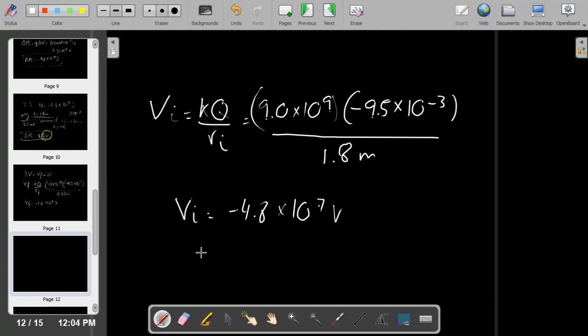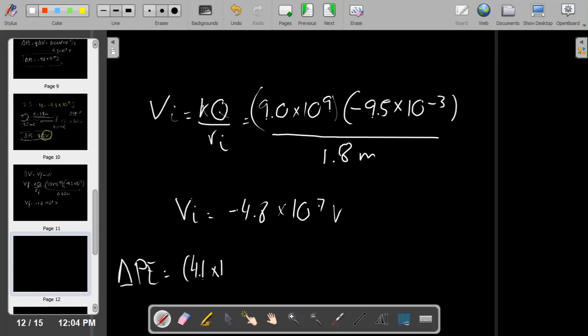You have everything now. The change in potential is your final minus your initial. I think I already put it directly in the calculator, so let me erase these and show you what I did. I already calculated the change in potential energy by doing my Q, which was 4.1 millicoulombs.